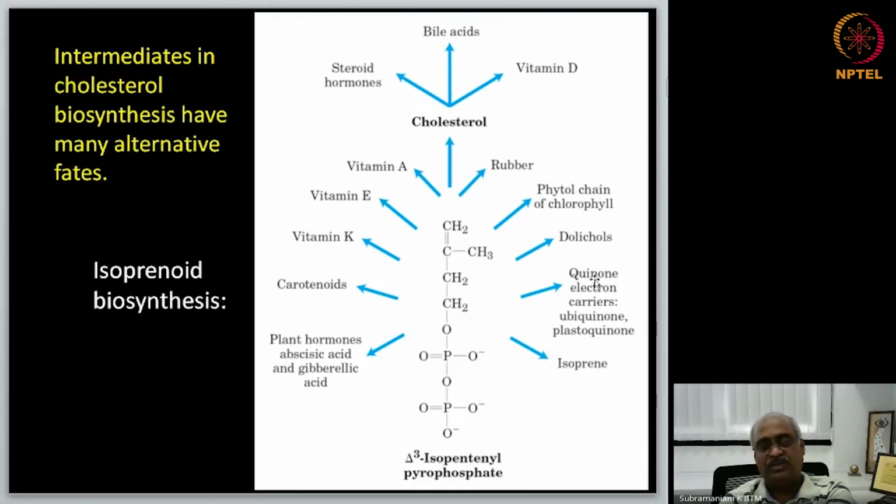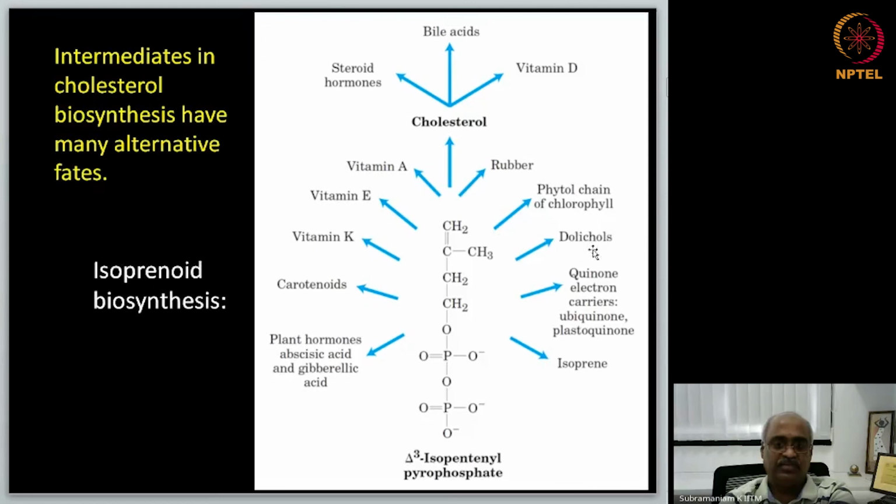These quinones that we saw, ubiquinone, and in plants plastoquinone, are electron carriers, and they are synthesized from this. Dolichols, we saw that they carry carbohydrates for making lipopolysaccharides on the membrane. So they anchor on the membrane and help in transfer of groups from one molecule to the other on the membranes.